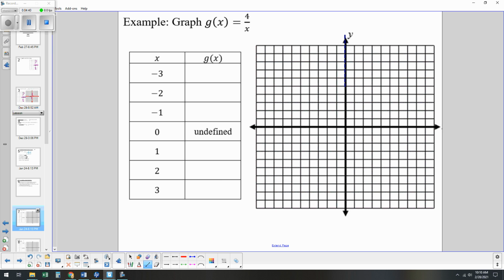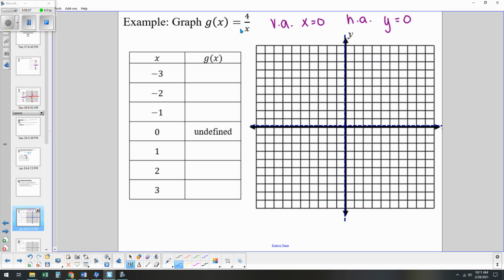All right, so we know that's one of our asymptotes, and that's one of our asymptotes. Sometimes it helps me to write what they are. So my vertical asymptote, the one going up and down, was x equals 0, and my horizontal asymptote, the one going left and right, was y equals 0.